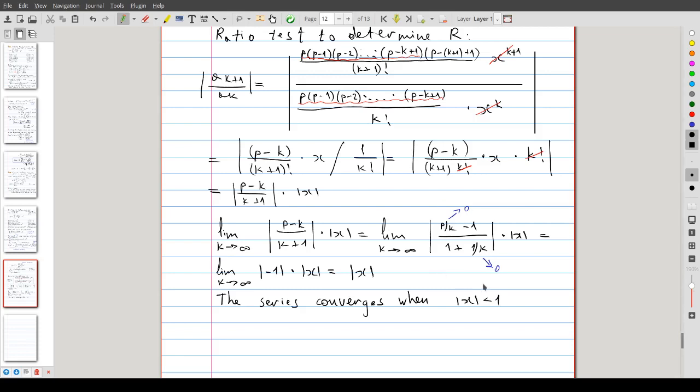If you recall our discussion of computing the radius of convergence using the ratio test, you would have to rewrite this in the form absolute value of x minus a, which is in our case 0, less than r. So this means that r in this case is equal to 1.